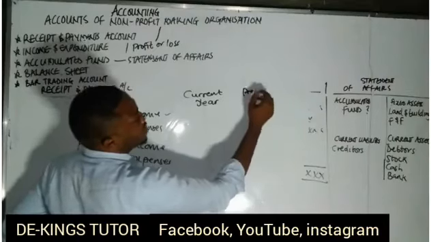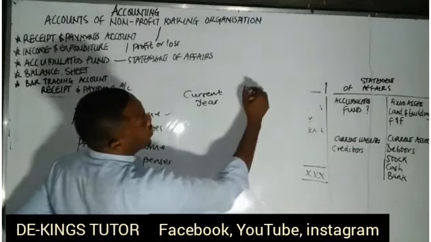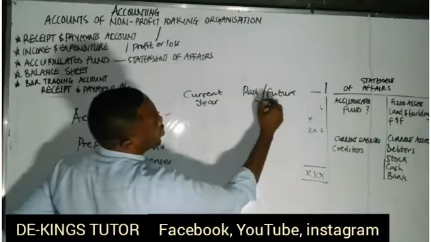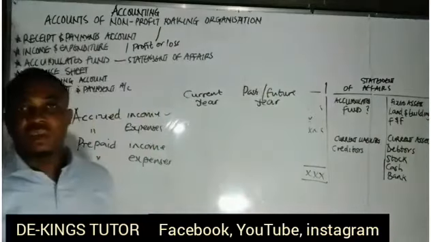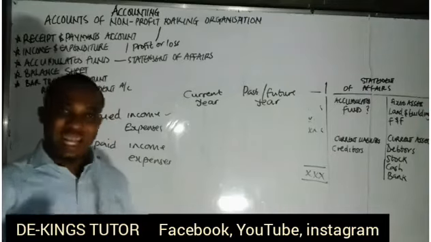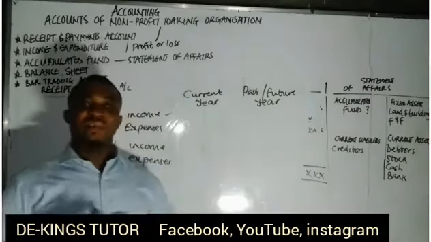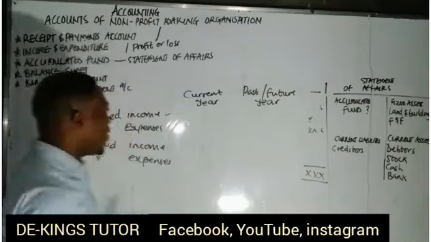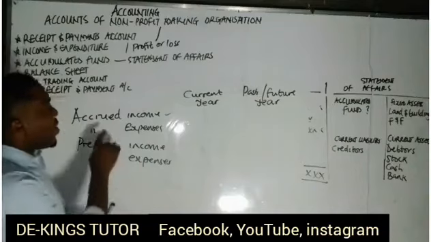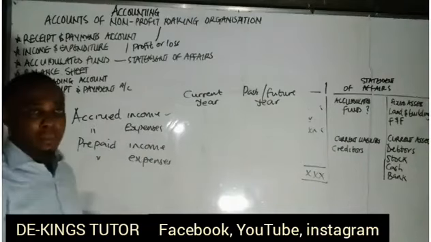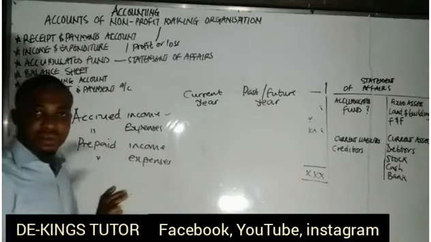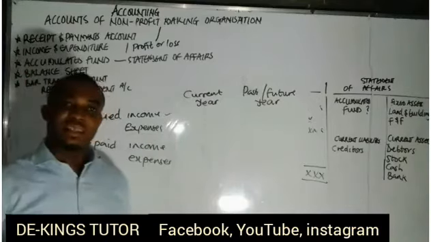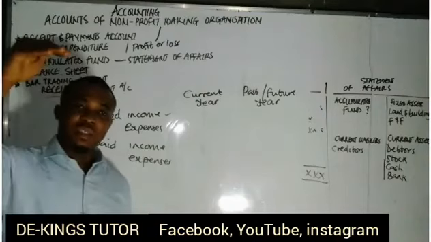Let's see, for the current year, then the past or future year. One thing I will tell you about this, and in accounting generally, is that date is very, very important. Now, for accrued income or anything that is accrued, for the current year, we add it to the one already existing in the trial balance or the given value.